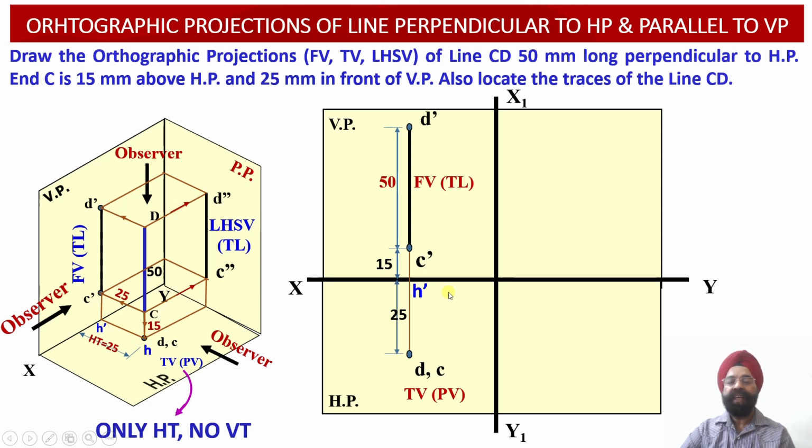Once I drop a perpendicular up to the top view projection, that is DC, this point which I am going to obtain will be labeled as point H. So once I obtain this point H, the distance between H dash and H will provide us with the horizontal trace location of this particular line CD over here.